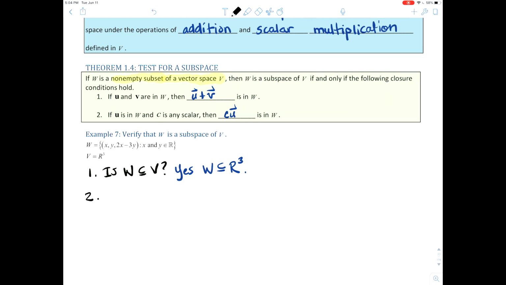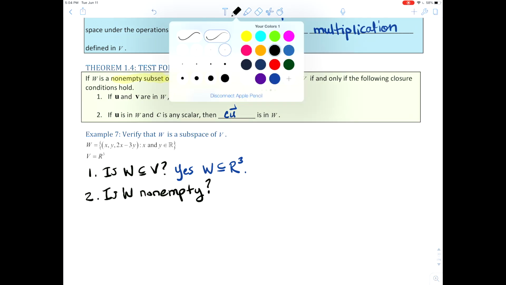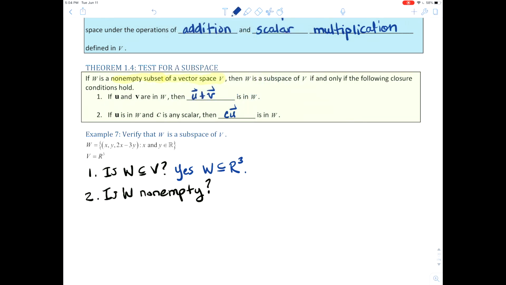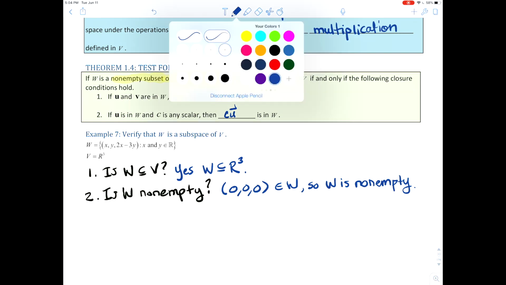Is W non-empty? Well, one way to look at that is, is the 0 vector part of that set, right? And do you see that it is? So we can say, well, we know that 0, 0, 0 is an element of W. So W is non-empty. So 2 down, 2 to go.